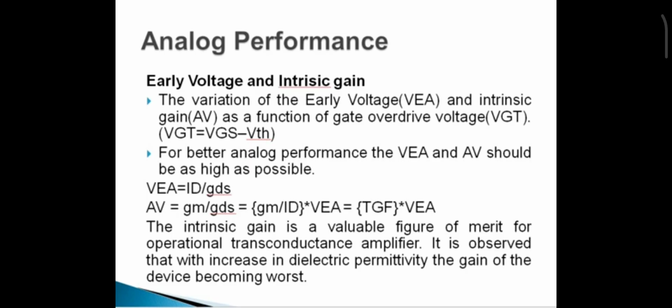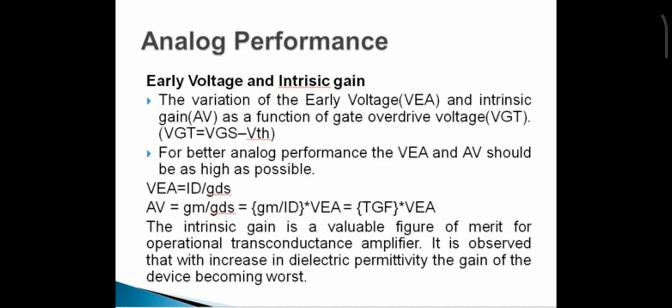For better analog performance, the early voltage and intrinsic gain should be as high as possible. The early voltage is defined as the ratio of drain current divided by GDS, the output conductance, and the intrinsic gain is equal to Gm, the transconductance, divided by GDS, the output conductance.